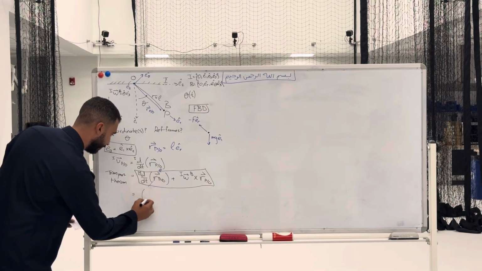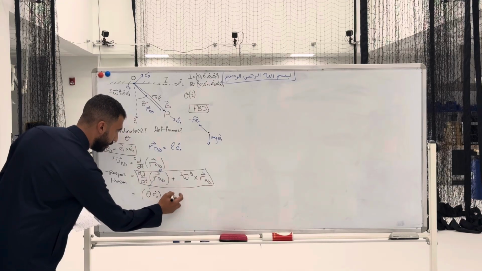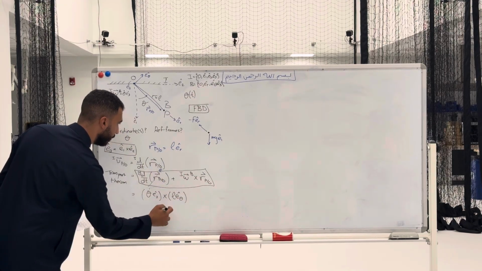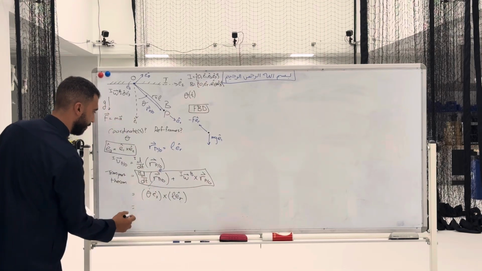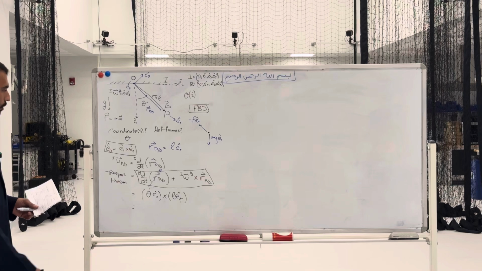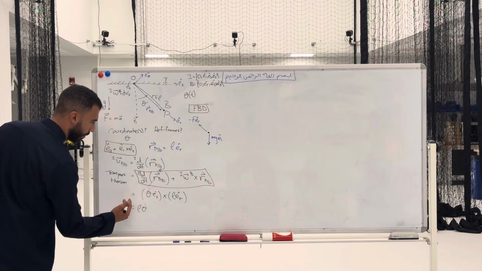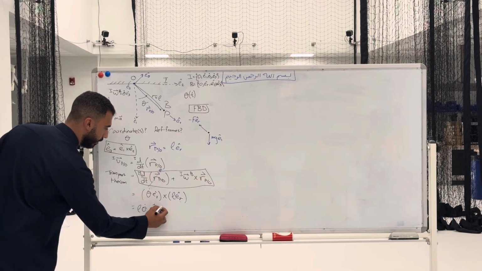We do theta dot E3 crossed with, what is our R? It's L ER, right? So what do we get here? So we can pull the constants out of the cross product. E3 cross ER.